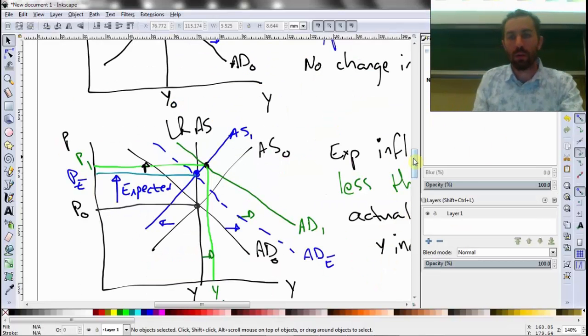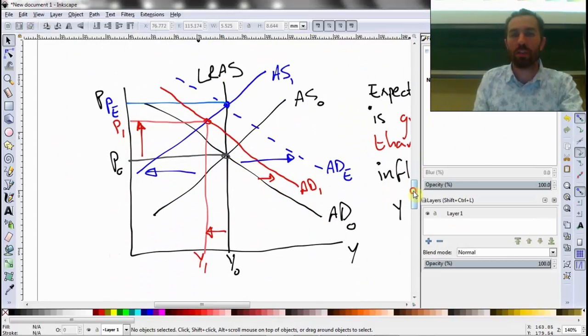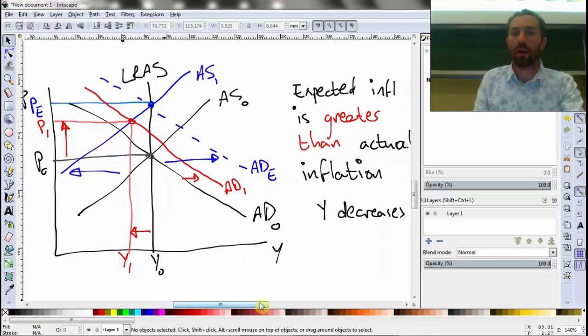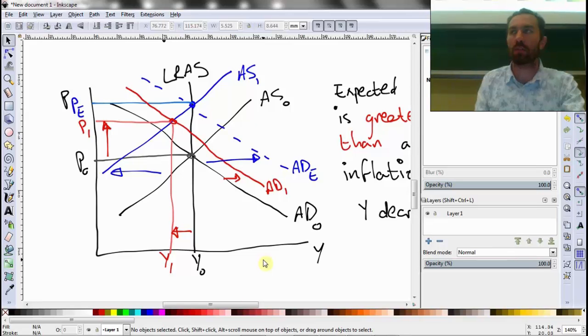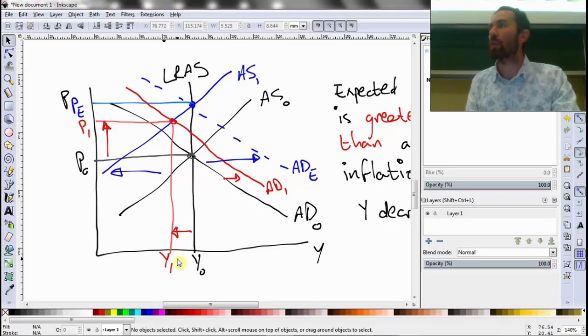Well, if we anticipated inflation of PE, but our aggregate demand shifted by less, what do we end up with? Lower inflation than what we expected, but also lower output.